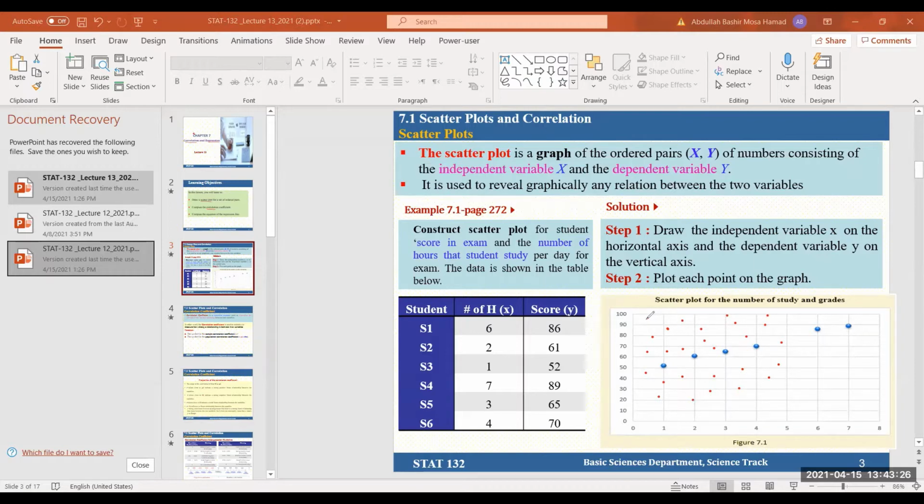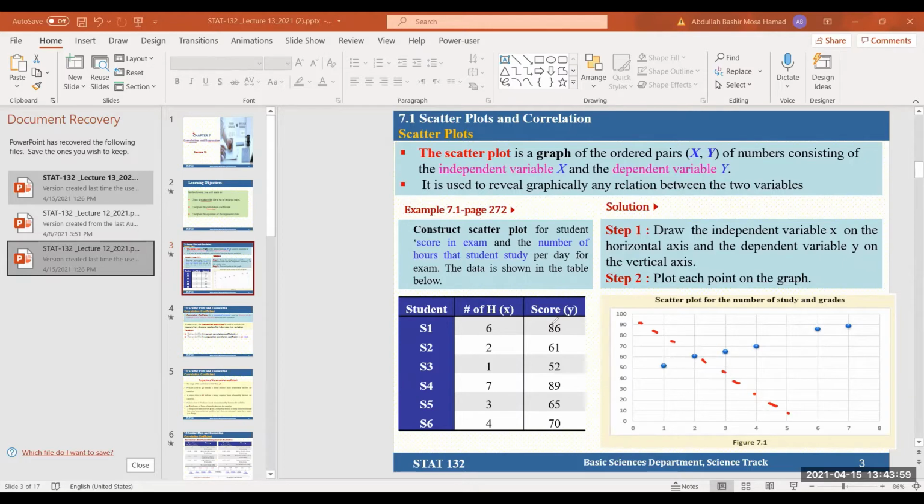But if we find a relation like this, decreasing, it looks like a relation exists and it is a negative relation. This one looks like a positive relation. So the scatter plot gives us some indication about the relation. If we find it is positive or negative, we move to compute the exact value of this relation.